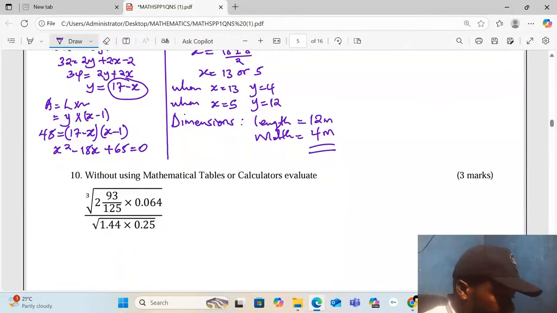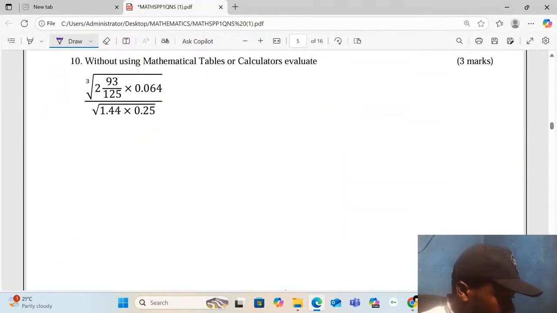So we can move to the next question, question number 10. Question 10 now reads: without using mathematical tables or calculators, evaluate the cube root of 2 and 93 over 125 times 0.063.